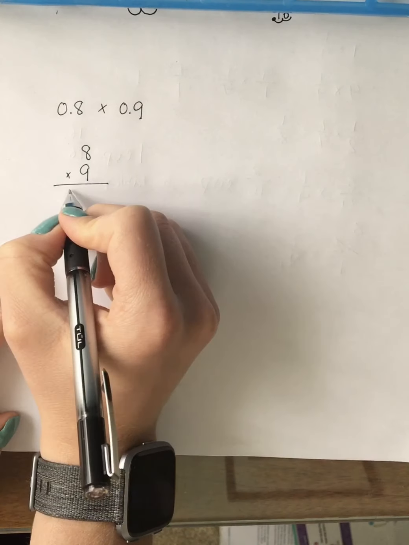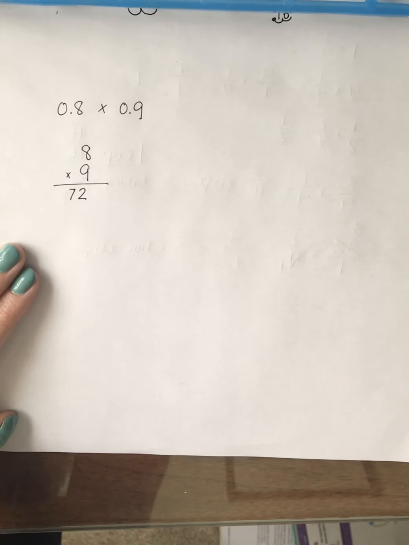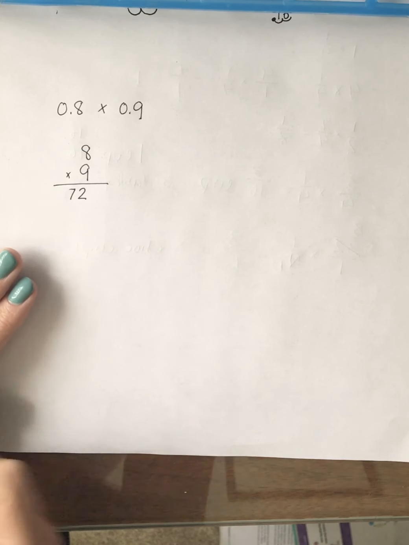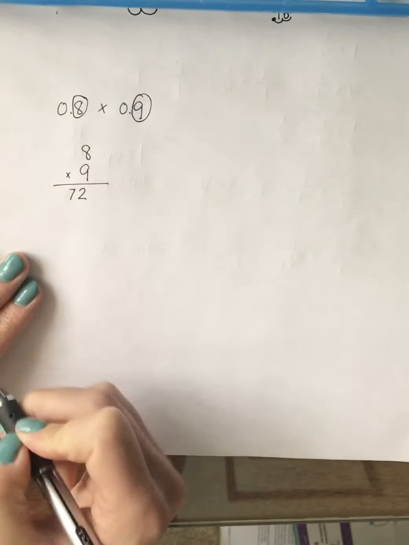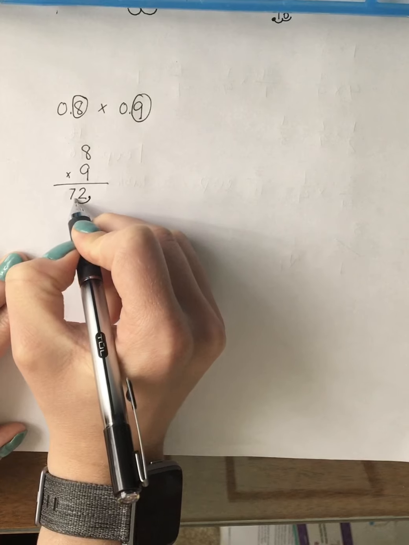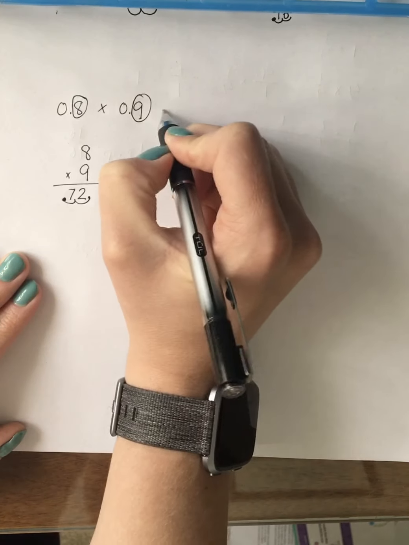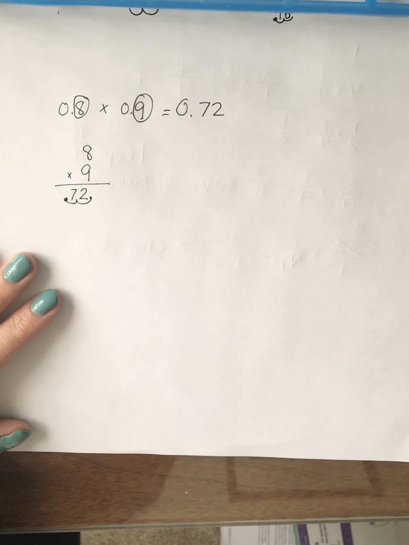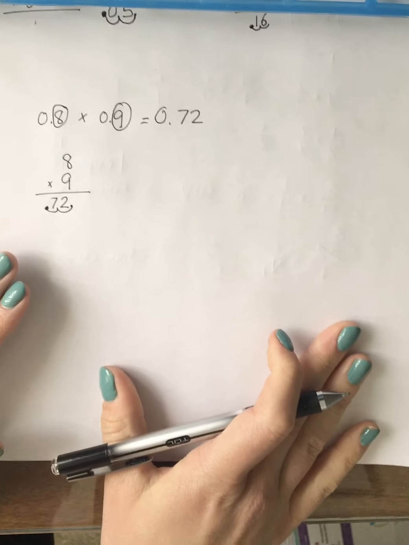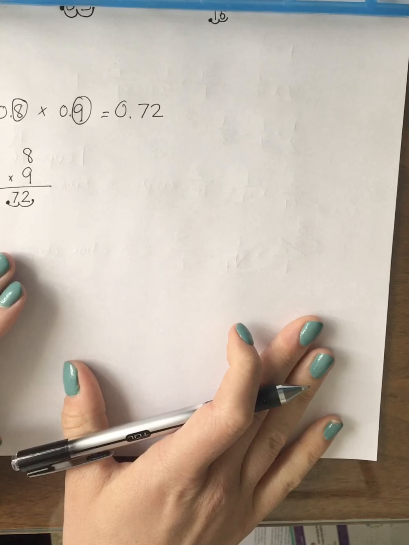Now 8 times 9 is 72, but I'm not done yet because I need to count how many place values are to the right of the decimals in our problems. There's 1, there is 2. So I'm going to start where the decimal point is, and I'll move it over 2 spots. My answer is 72/100ths.